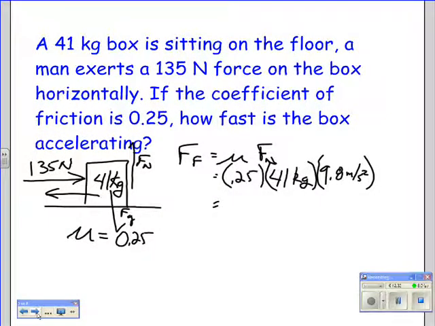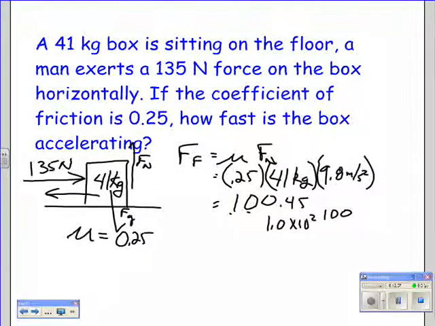Again, what does your calculator tell you? 100.45? You only get two significant digits. We got to round off. If we write it as 100, that's only one significant figure. 1.0 times 10 to the second would be your best option.